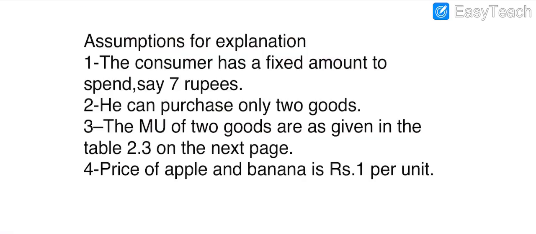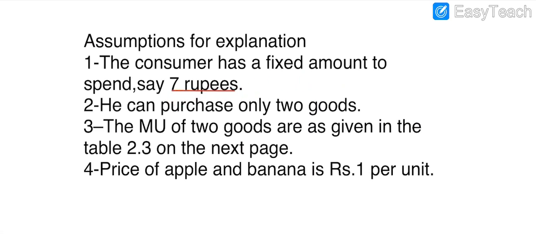Next we are going to explain this law with the help of some assumptions, and after assuming some points, we will explain the law with the help of the table and diagram. First, we assume that the consumer has a fixed amount. As I am asking you, you have 100 rupees as pocket money, but we assume the consumer has a fixed amount of only 7 rupees.